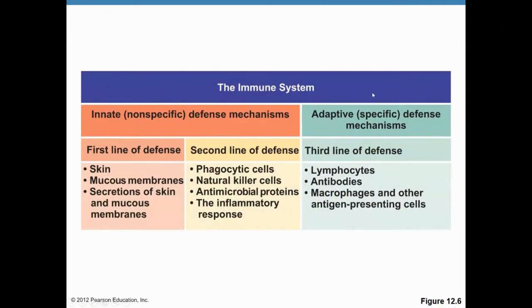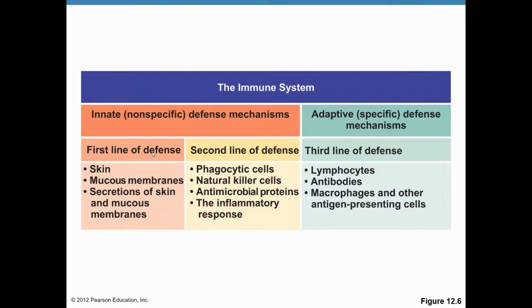So we have the immune system. Underneath the immune system, we have the innate or non-specific defenses. And then we have the adaptive or specific defenses. Underneath the innate or non-specific defenses, we're going to have our first line of defense, which is intact skin and mucous membranes and their secretions.